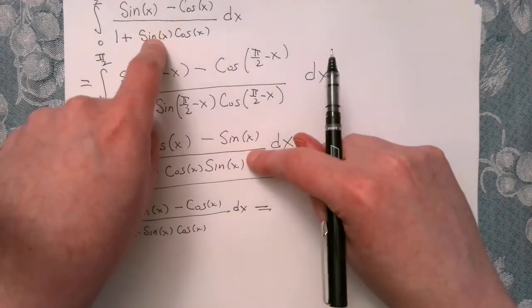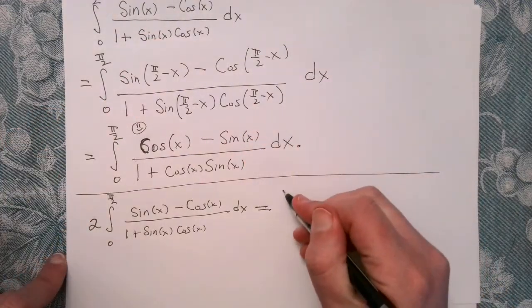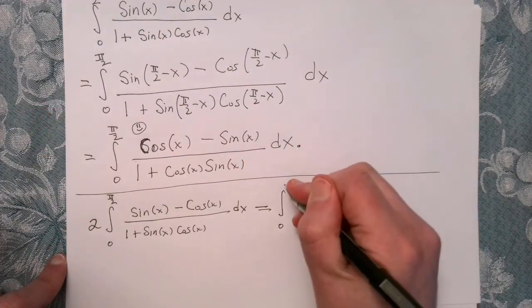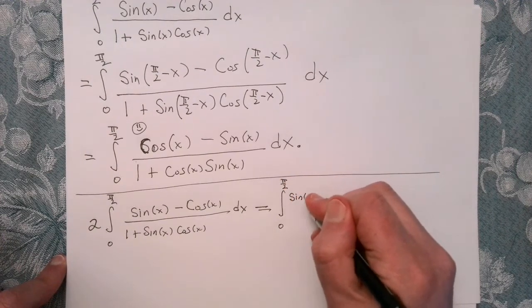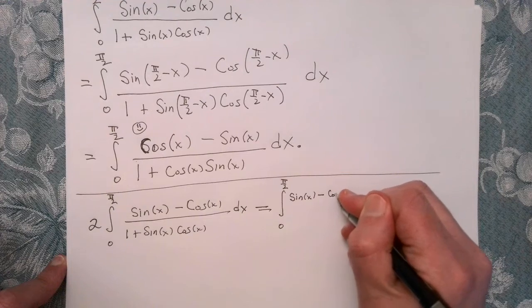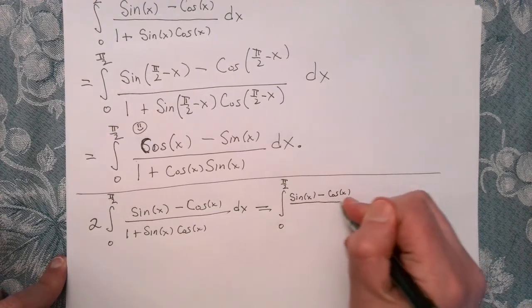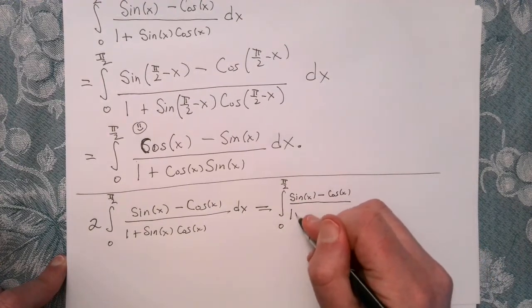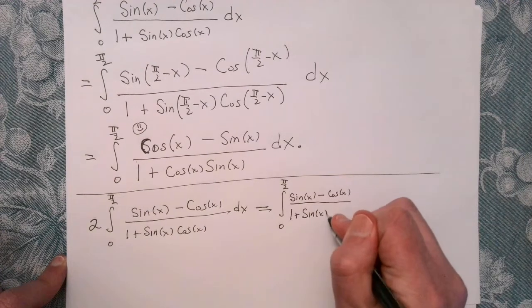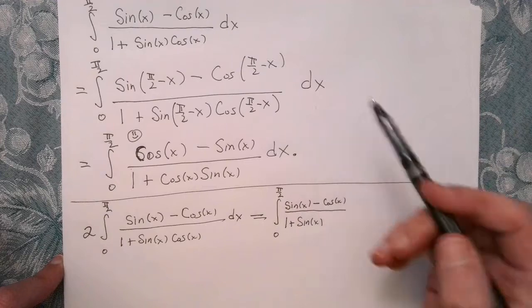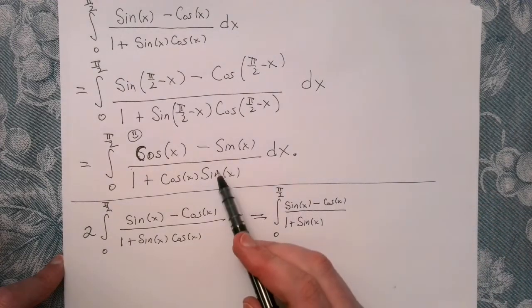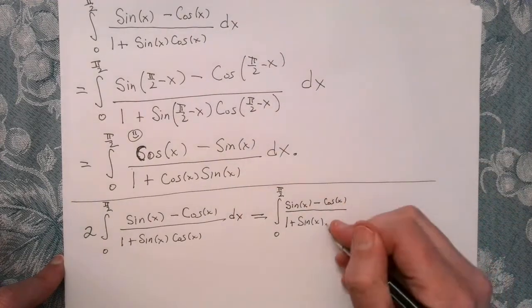However, this and this are equal. So that means I could really think about this as a copy of the original, right? So a copy of the original integral. And instead of writing plus itself directly, since we said that this is equal to this, we're going to say this plus this, which again is equal to that.